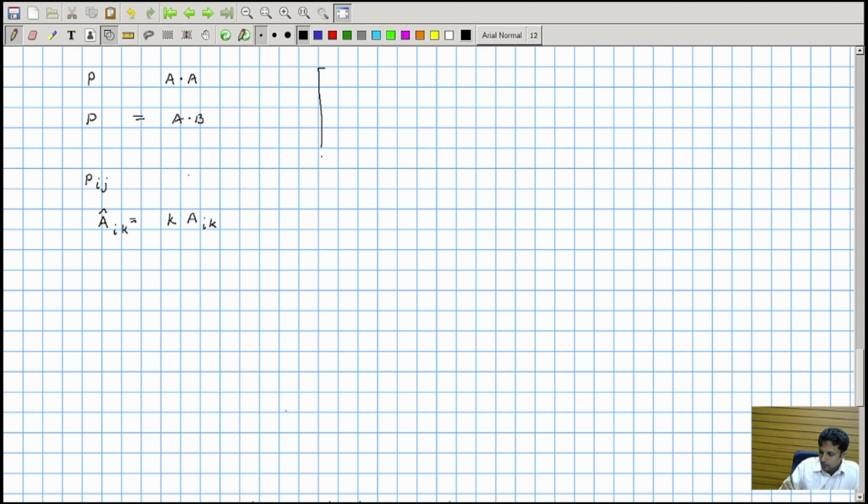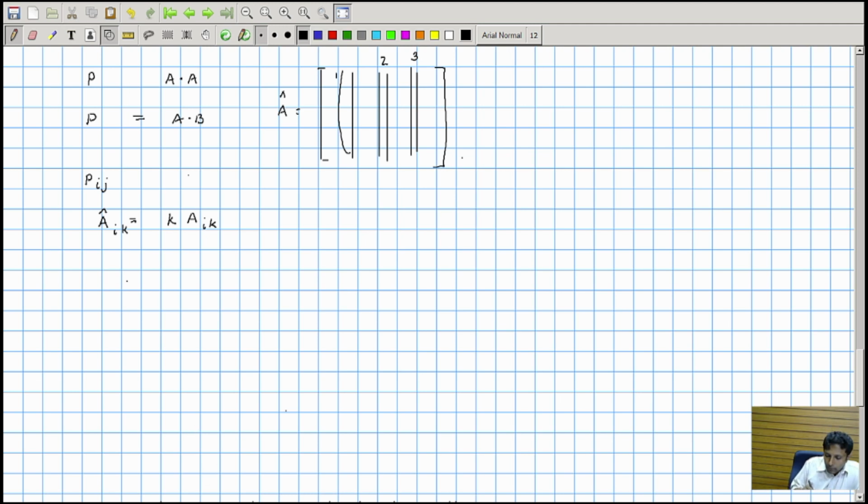In other words, look at the matrix A. The first column you multiply with 1. The second column you multiply by 2. The third column you multiply by 3. And the resultant matrix is what you call A tilde.